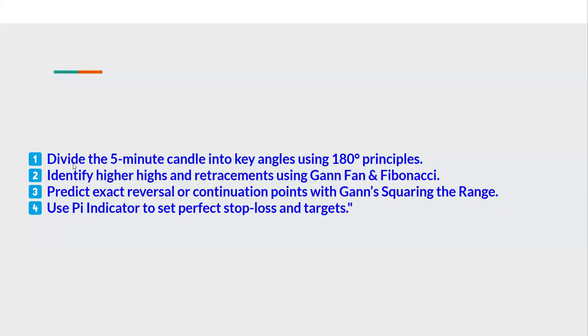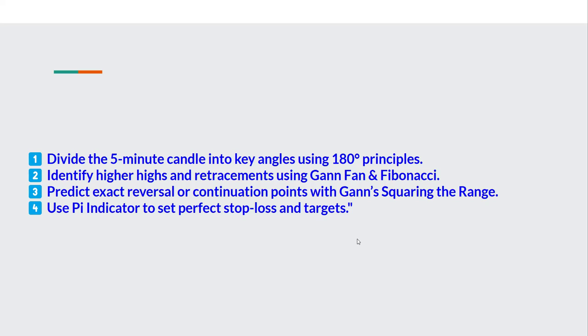First up is dividing the 5-minute candle into key angles using 180-degree principles. Identify higher highs and retracements using Gann Fan and Fibonacci. Predict exact reversal or continuation points with Gann squaring the range.